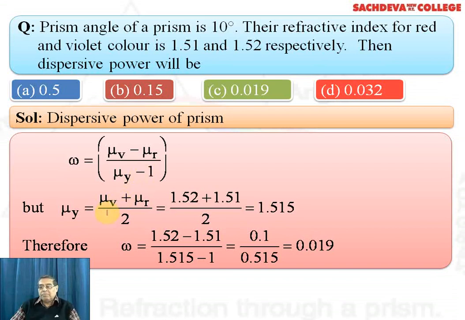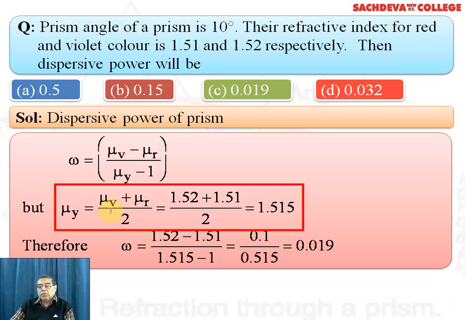Now, the values of mu V and mu R are given, so we can find the value of mu Y. mu V plus mu R divided by 2 gives the value of mu Y. That is the average value of the refractive index of the yellow light, which is found to be 1.515 after computing the values.